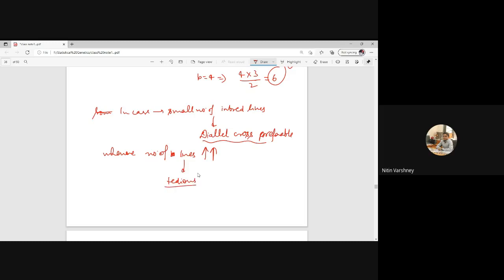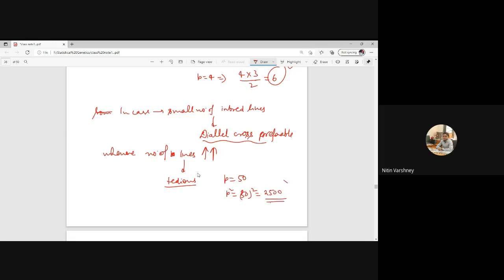There will be too many combinations. Suppose p, the number of inbred lines, is 50. So if I consider complete diallel, the total number of crosses is 50 squared, that is 2500 crosses.